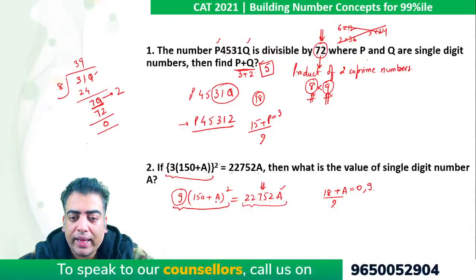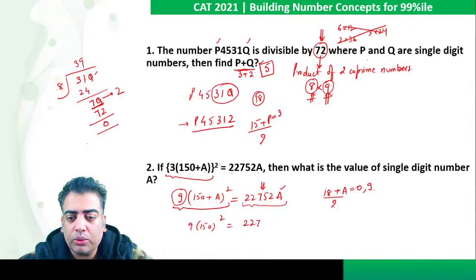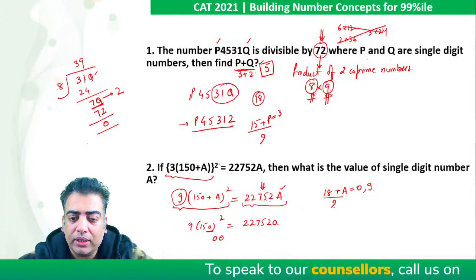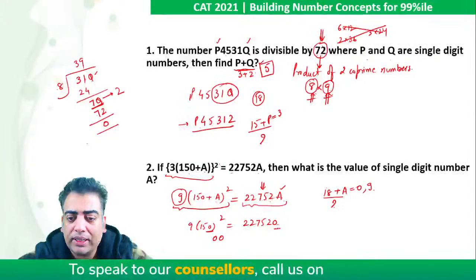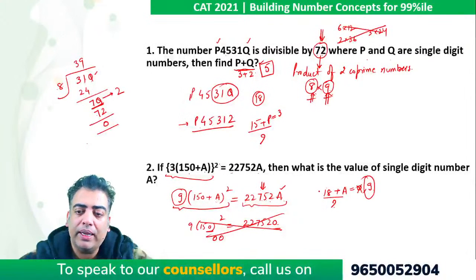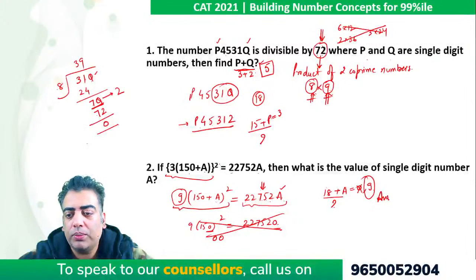If we take A as 0, it becomes 9 into 150 square, which equals 227520. As we know, 150 square must be ending in double zero, but it is ending on only single zero, so the value of A cannot be 0. The only possible value of A will be 9. So that comes out to be the required answer.